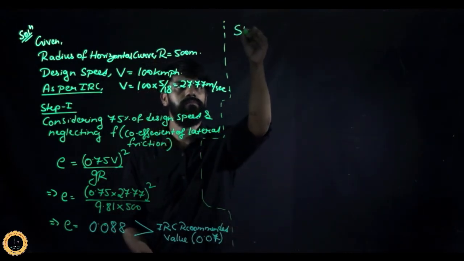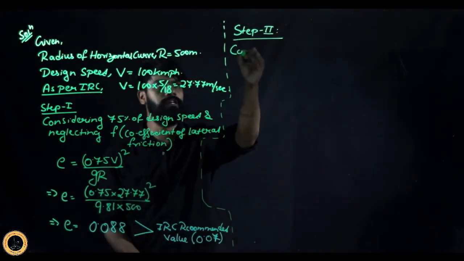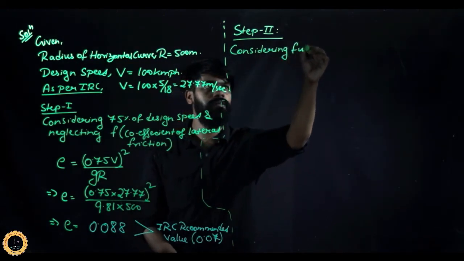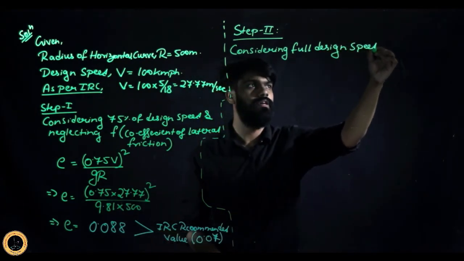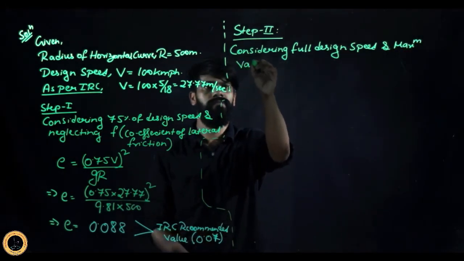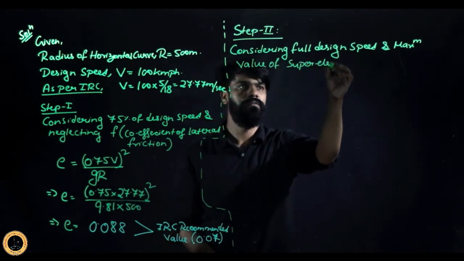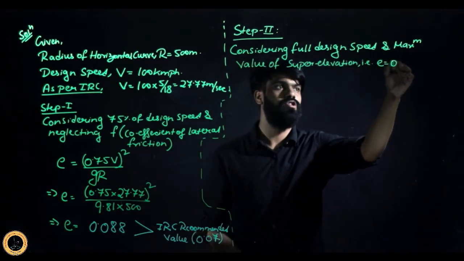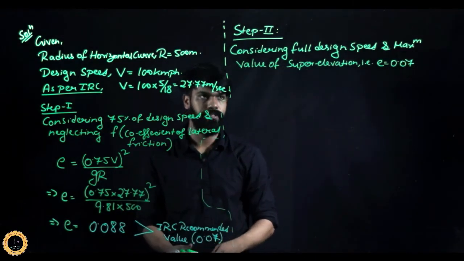Step 2: considering full design speed and the maximum value of super elevation, that is E equal to 0.07, the maximum value I am considering. Okay, that is specifically recommended by IRC.